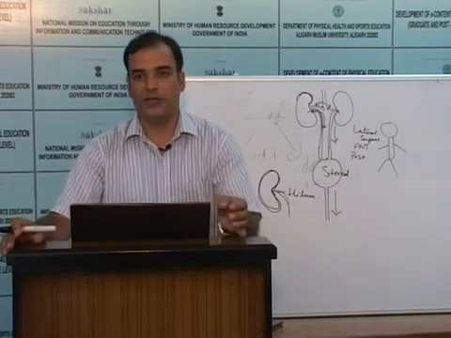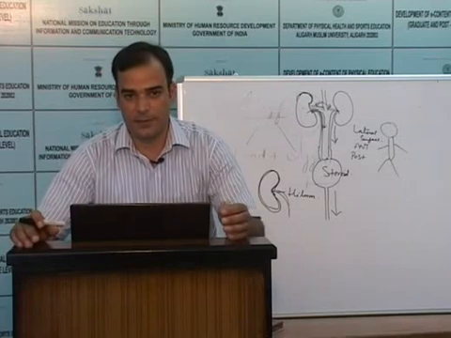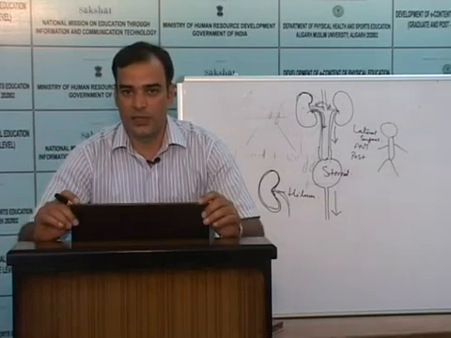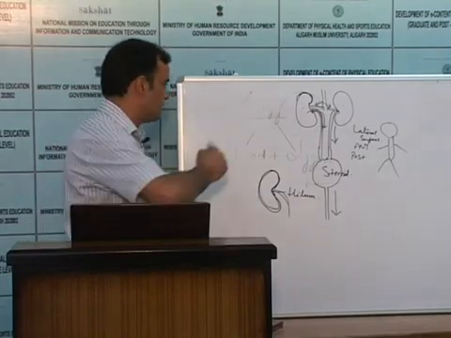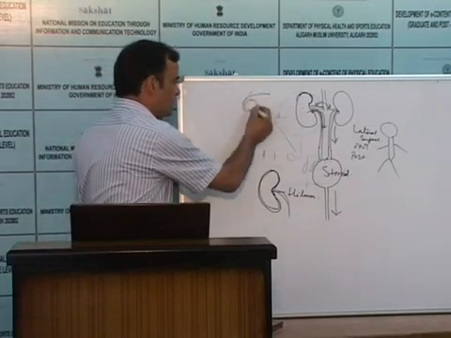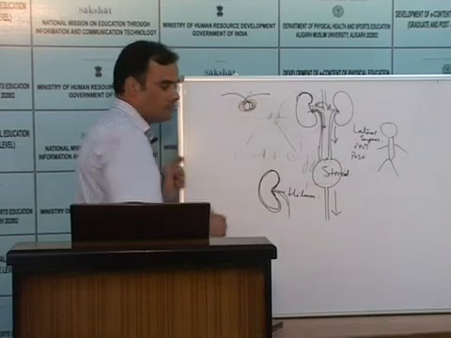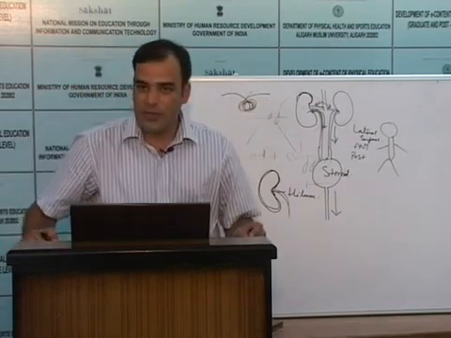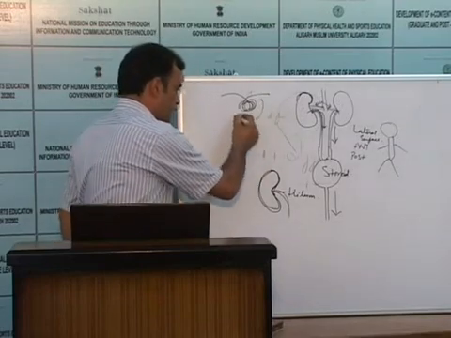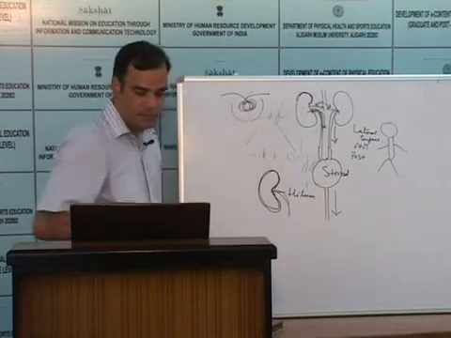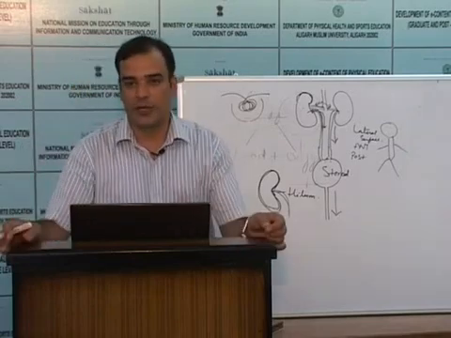Now, a nephron has the following parts. First, glomerulus, which is basically a tuft of capillaries, small capillaries. It's basically like this, small capillary tuft. They are coiled. A Bowman's capsule, which is a cup-shaped structure. Then a tubular part.